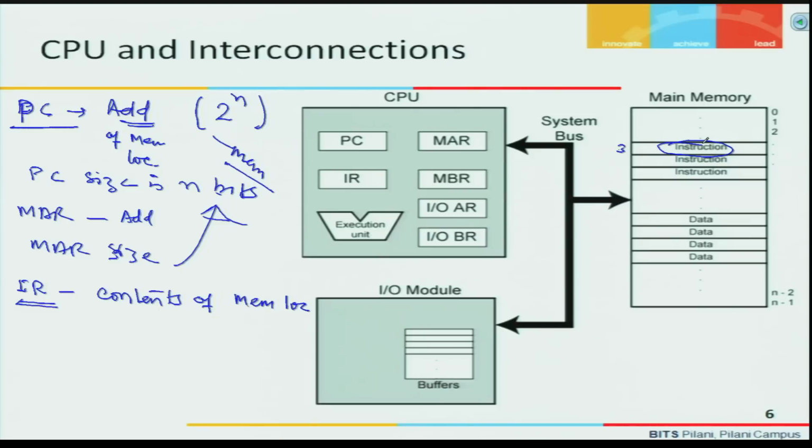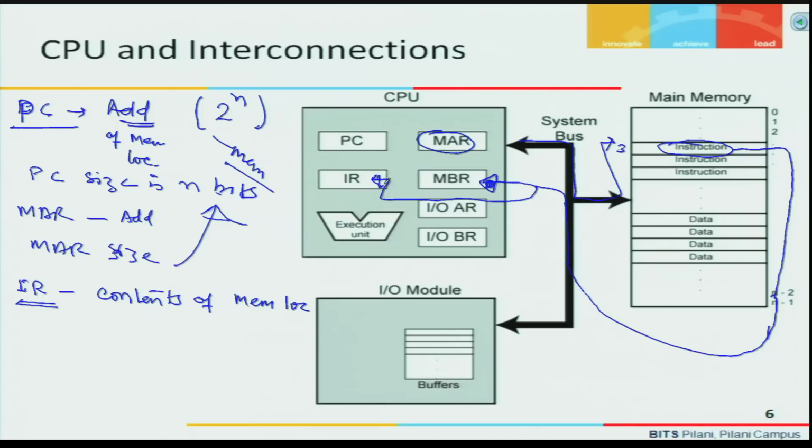So my PC should contain 3, and then that 3 has to be moved to the MAR. Then this 3 will go to the system bus, and from the system bus this memory location 3 will be identified by the main memory module. The contents of this location, some 1010 information, will be loaded via the data line part of the system bus, and it will go into, sorry, not the MBR, it will go to the IR.